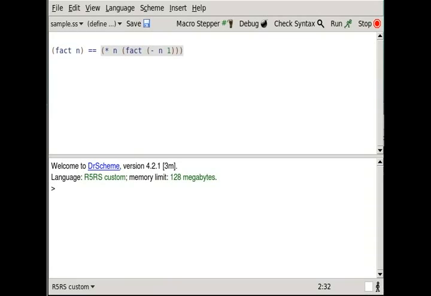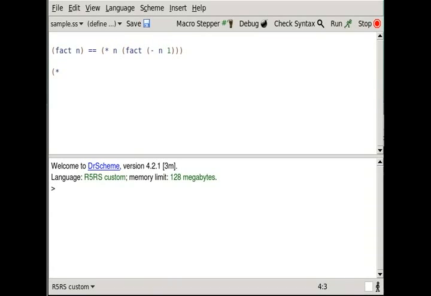Alright, now I believe this is called natural recursion, and the problem with this is that the computer has to remember that you multiplied something by n, because it doesn't know what the value of this is quite yet, so it must first find out this before it can do anything with this times n.